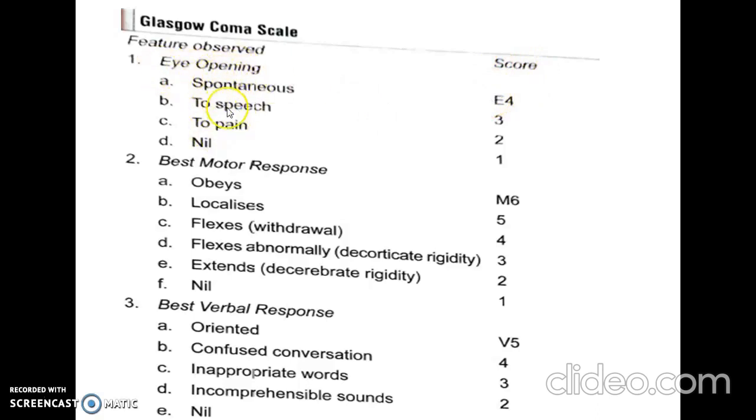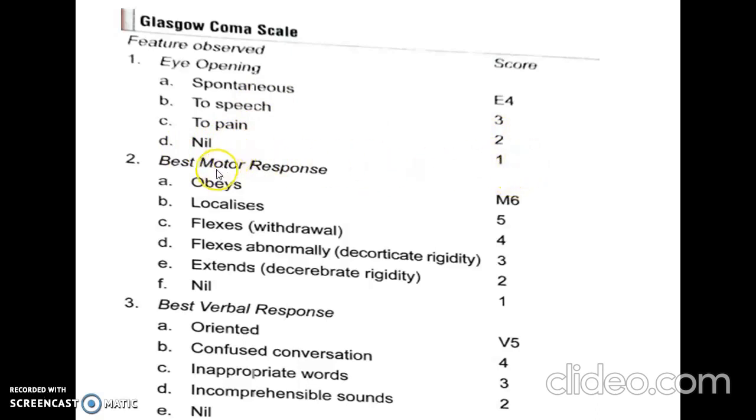Individual scores will be taken up to 3 and summated at the end. In eye opening, if it is spontaneous, the score given is 4. If eye opening is observed because of speech, the score is 3. Eye opening because of pain, then 2. And if eye opening is not observed by applying any of these, the score given is 1.